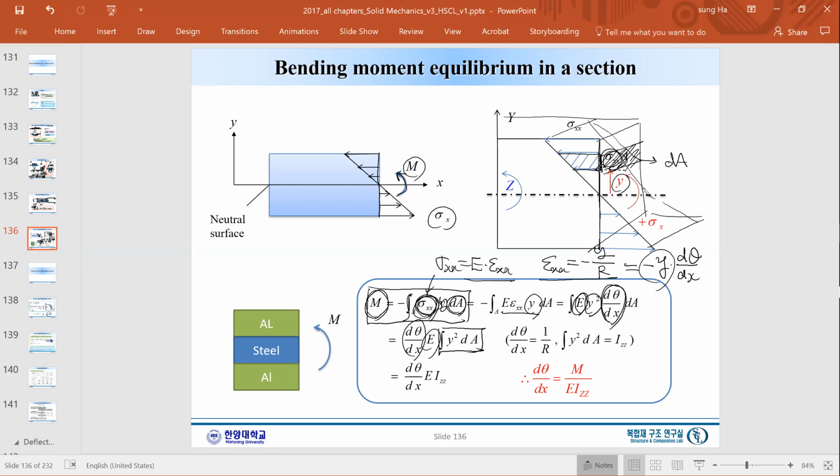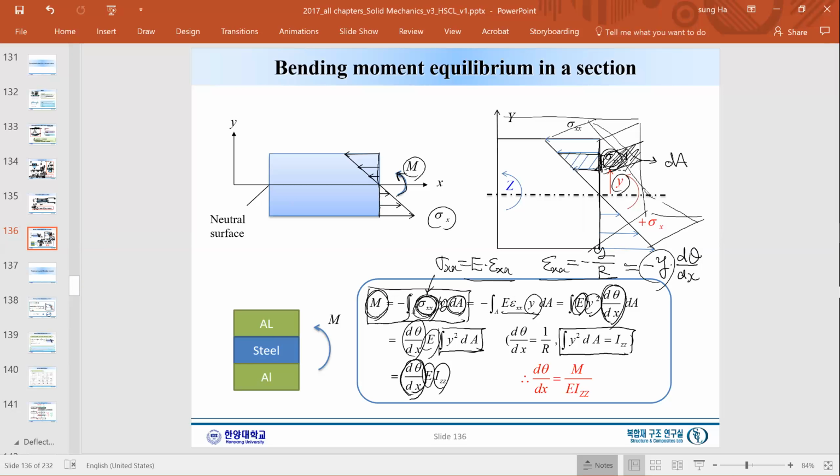That is the one we call the bending moment of inertia. This is the moment of inertia we call Izz. So this one, d theta/dx, and Young's modulus, and this is a moment of inertia. What was unknown is this d theta/dx, which is constant but was unknown.